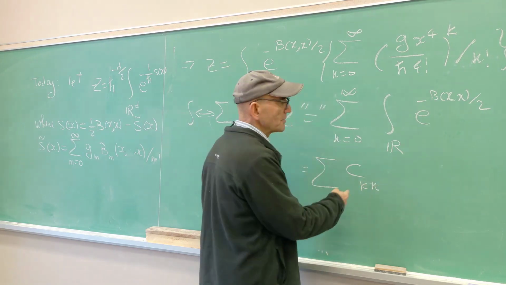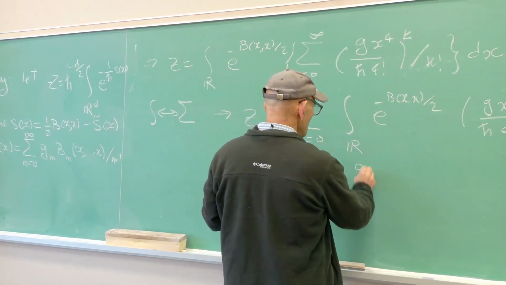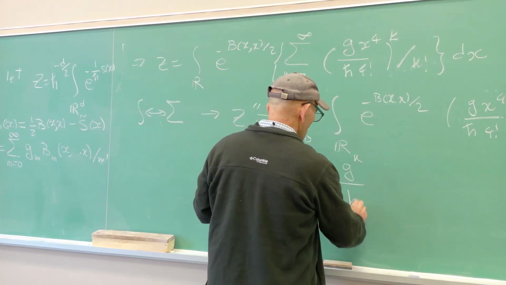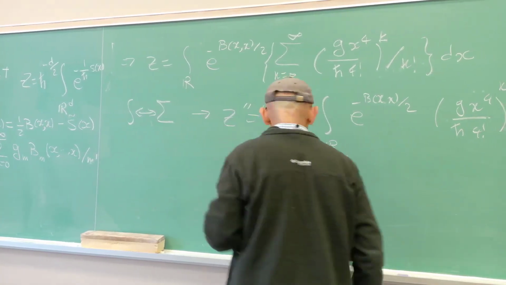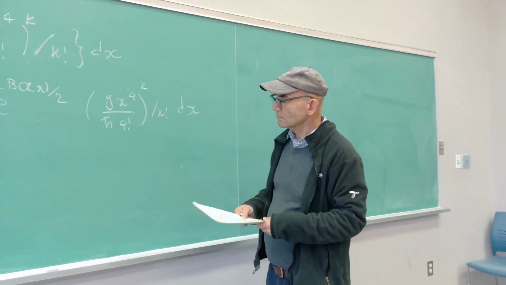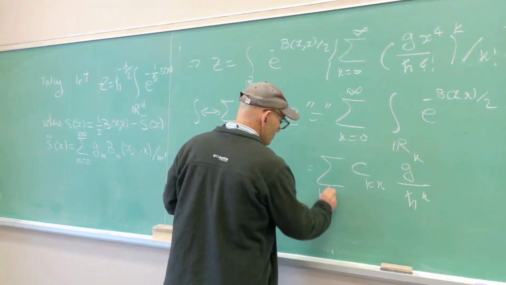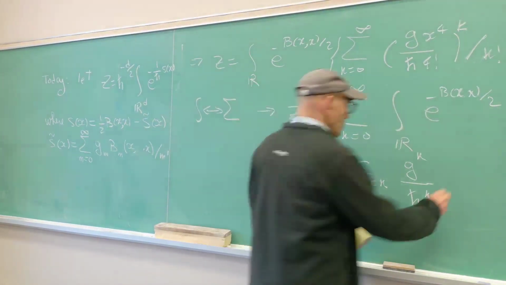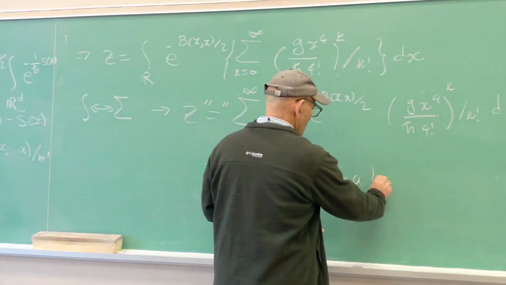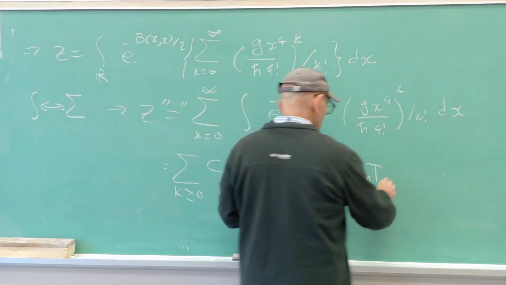There are only these terms, c_k remains, and then I've got g^k h bar^k. In this case, this is the one that I've got, right? And in fact, k is bigger than or equal to c. So it is a Laurent series. I mean, a formal Laurent series.